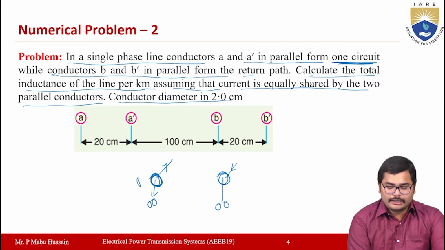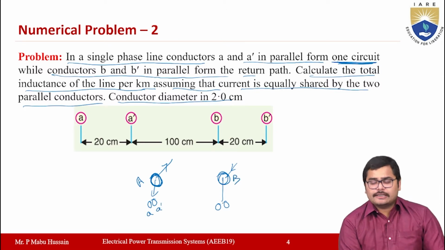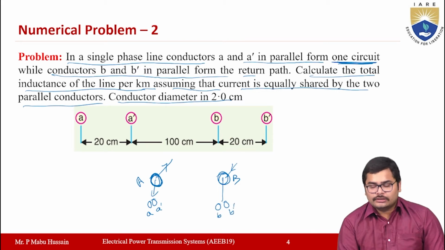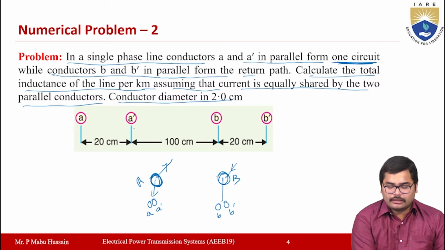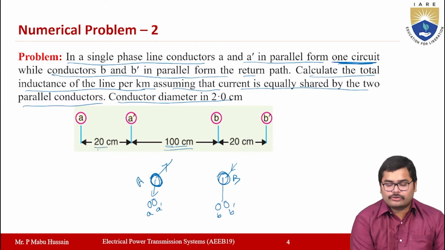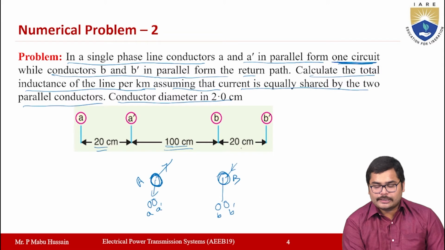For phase A, the subconductors are A and A dash, and for phase B, the subconductors are B and B dash. Okay, so now the distance between A dash and B is given as 100 centimeters, and between A and A dash it is given as 20 centimeters, and between B and B dash also 20 centimeters.